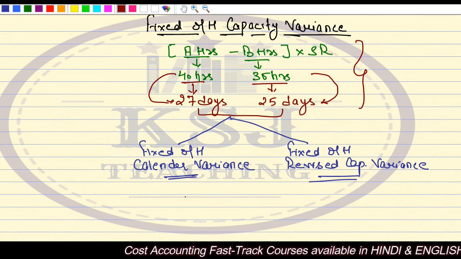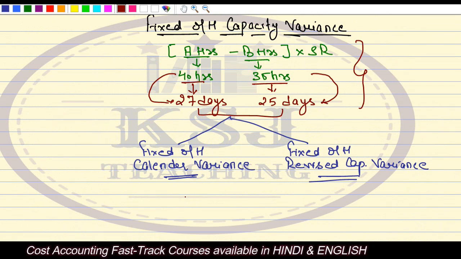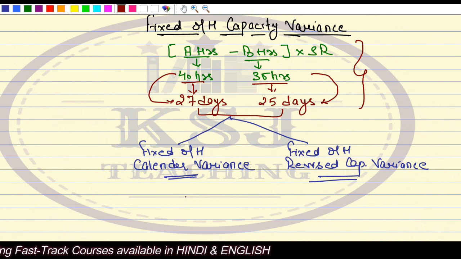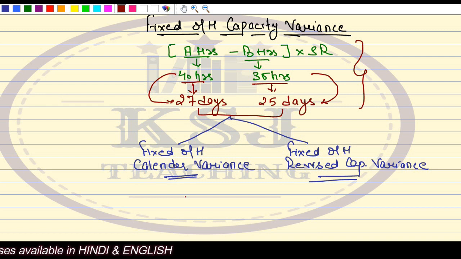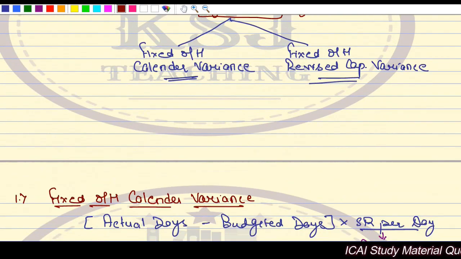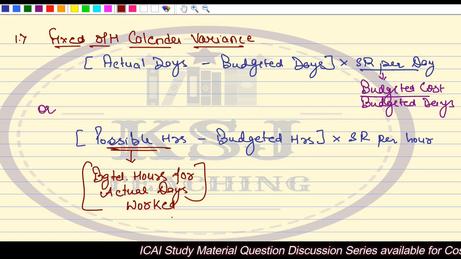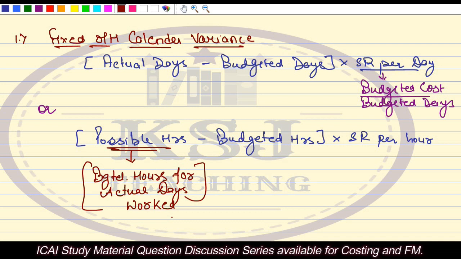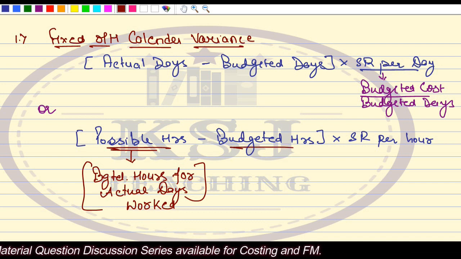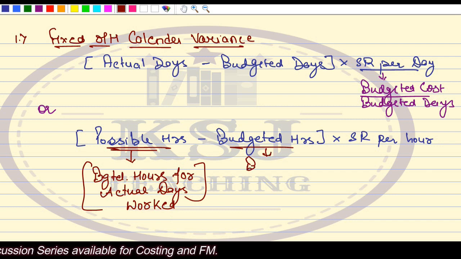So we calculate the budgets for 27 days and for 25 days. That will give you the variance due to the difference in the number of days being spent. So possible hours is budgeted hours for actual days worked minus the budgeted hours for budgeted days. This budgeted hours is for budgeted days only.